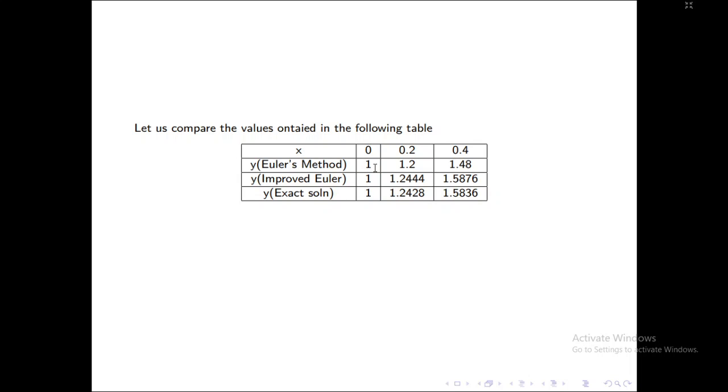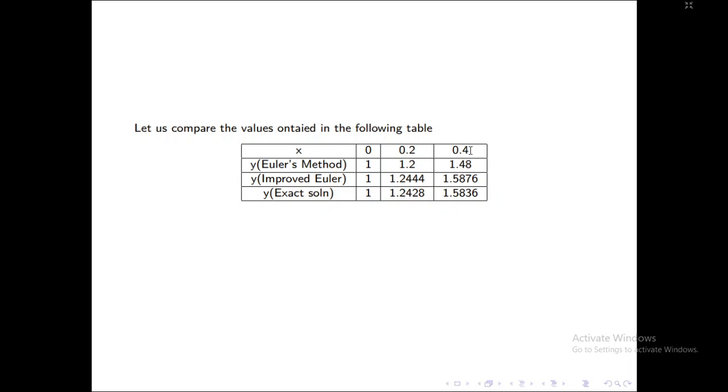So the value of y is the same for all three cases at the initial point. The value of y at point 2: the exact value is 1.2428, and the value obtained by improved Euler's method is 1.2444. There is a small error, but it is much lesser than the error in Euler's method.